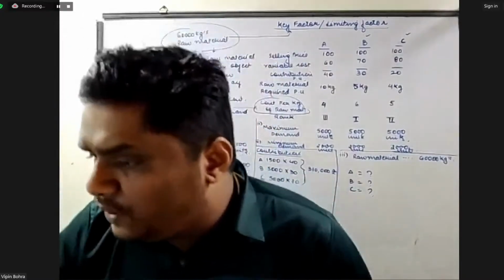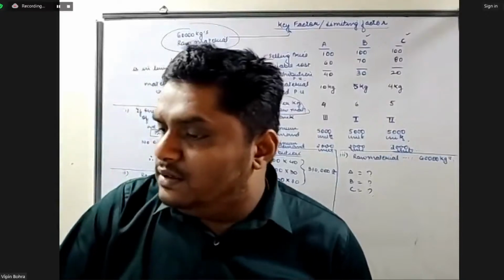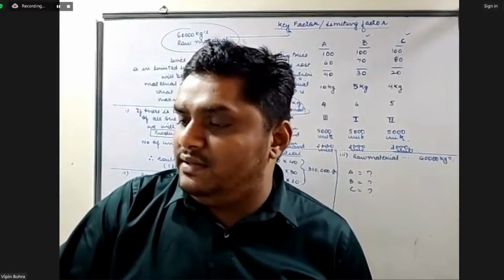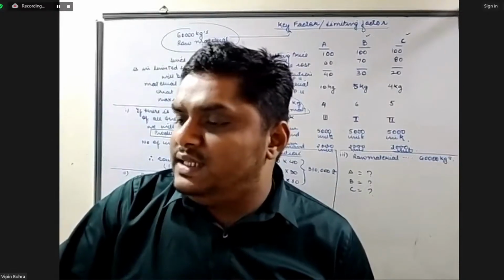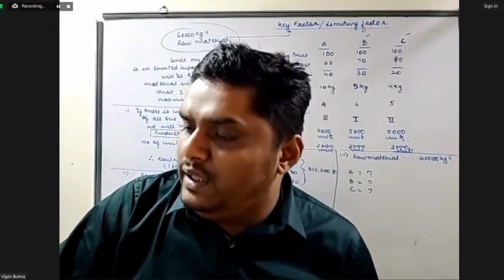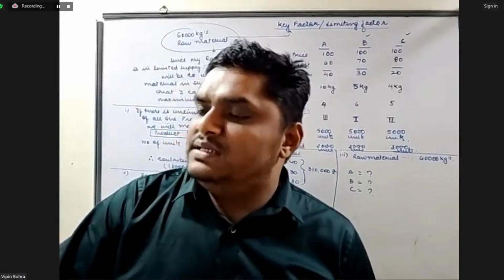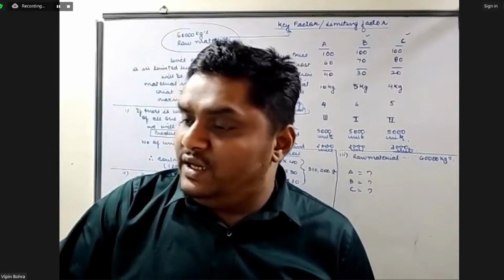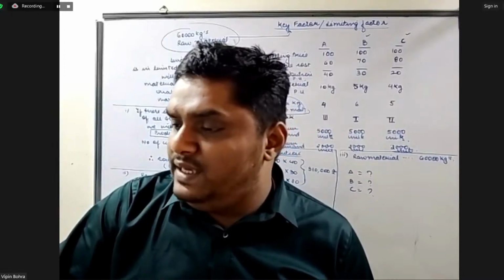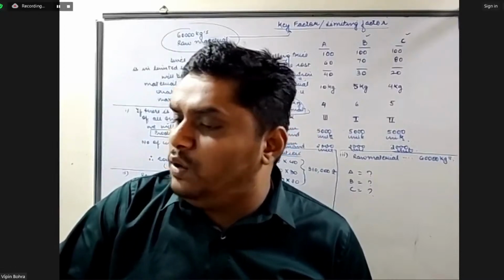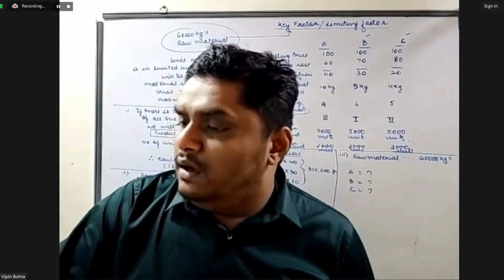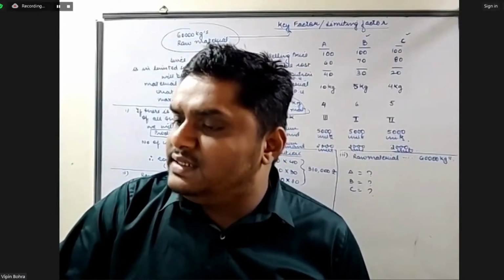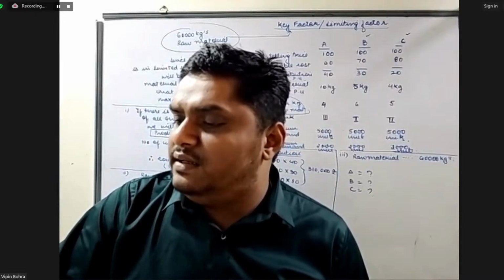Okay, so I've got an answer from Anandita. A is correct, B is correct, C is incorrect. Anandita, C is incorrect. Manohar, A is correct, B is incorrect, C is incorrect. Vijay Raghavan, A, B, and C are all correct. Hardik, all the answers are correct. Yashwardhan, A is correct, B is correct, C is incorrect.